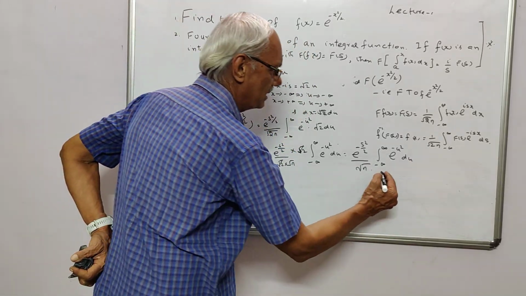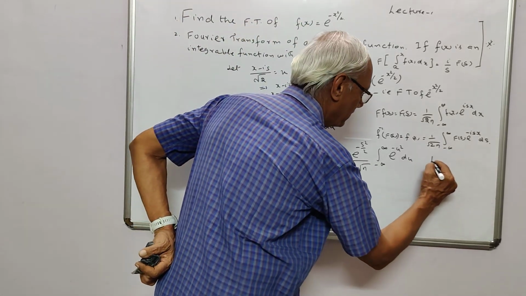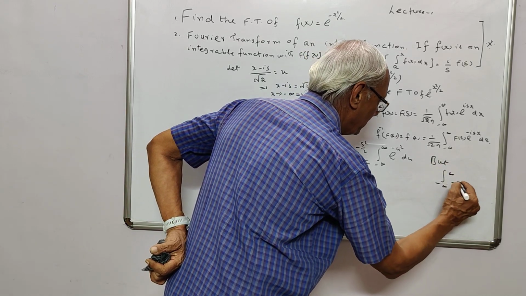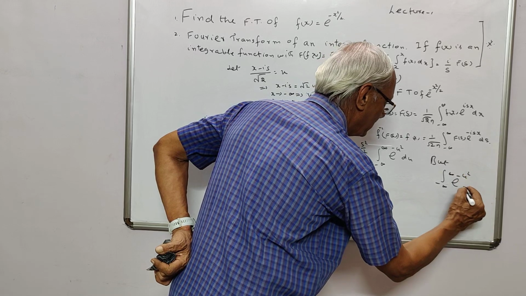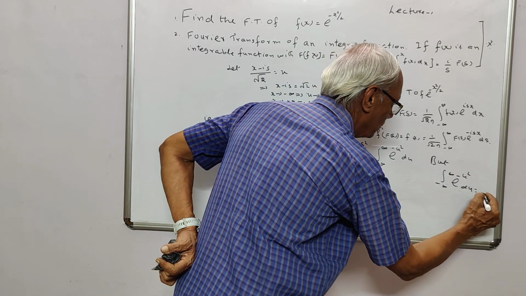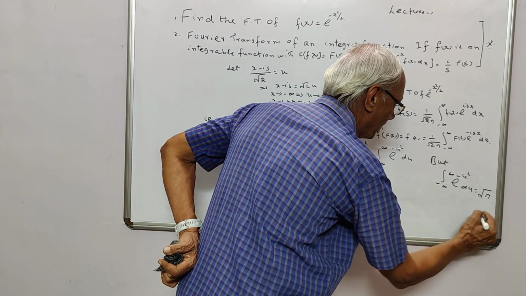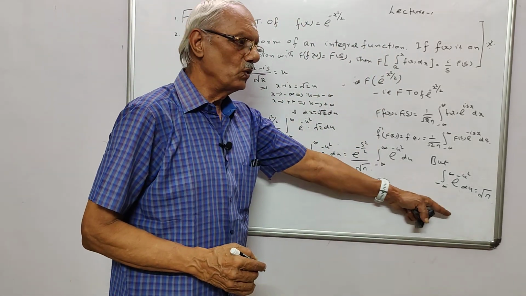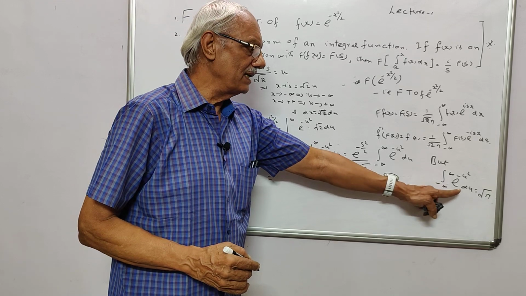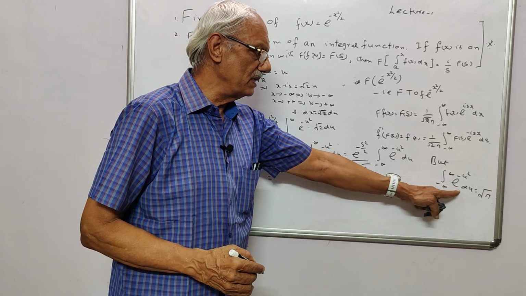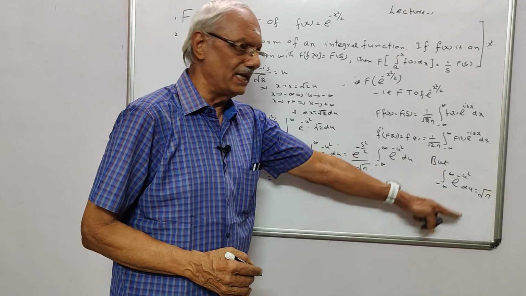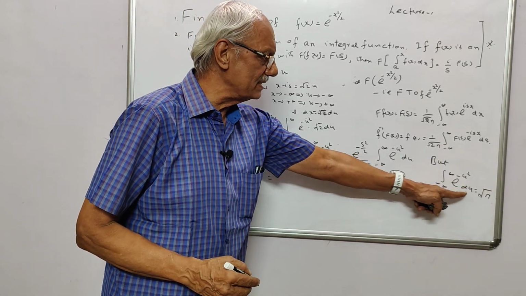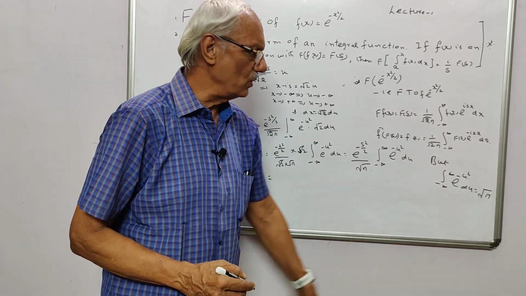But it is a well-known result that the integral from minus infinity to plus infinity of e to the power of minus u squared du is equal to square root of pi. This I will prove on some occasion, but it is not required. Know that this is the standard result: the integral of e to the power of minus x squared dx is equal to square root of pi.